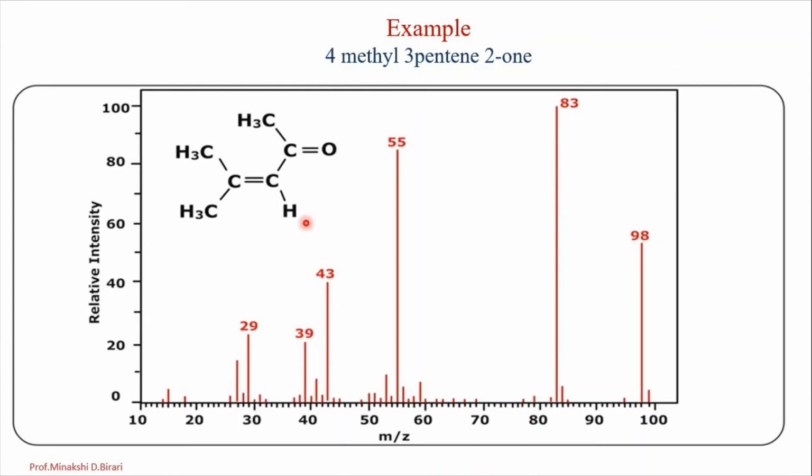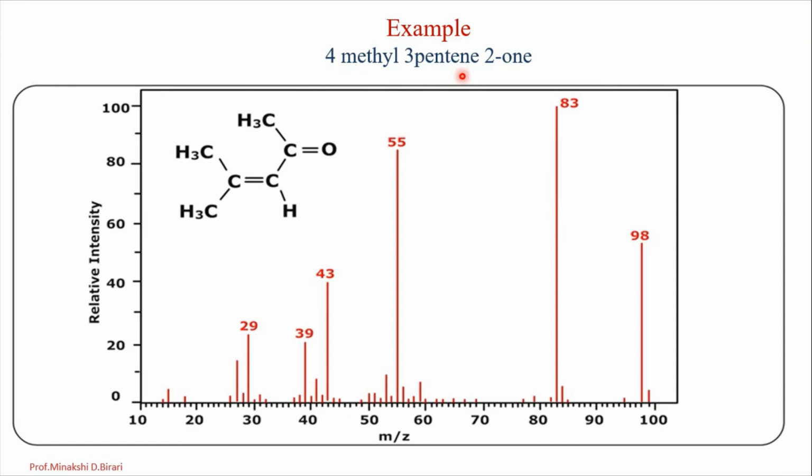So when the number of nitrogens is zero, the molecular ion peak is observed at an even value, and the fragmented ions show peaks at odd M by Z values. So that is the example of 4-methyl-3-penten-2-one.